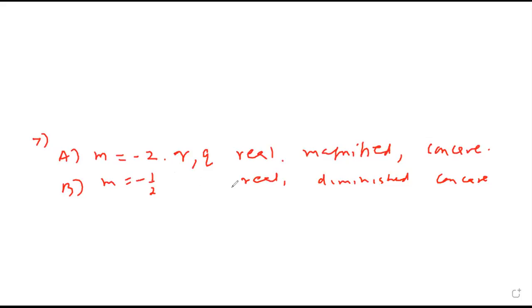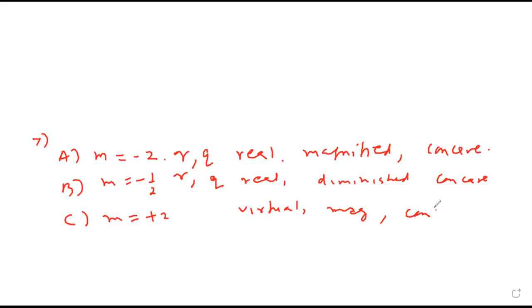Second, M is half, we got real. Real is given in R and concave is Q. Okay, so I also understood clearly. Option A. C, M equals +2. So it is virtual and magnified.